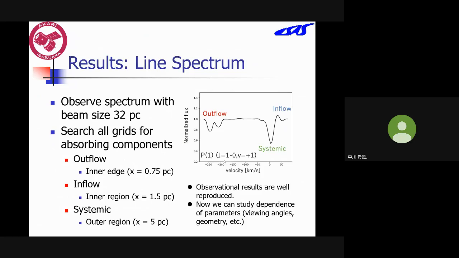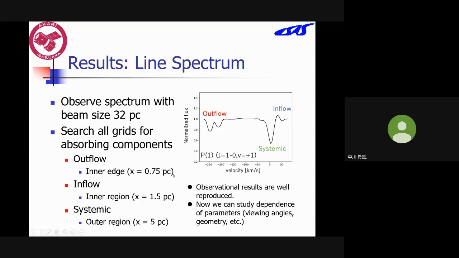Another point is that we can observe the spectrum, including the systemic component and also outflow and inflow, and we seem to be able to reproduce it. All the line ratios could be different from the real observations, but we do have the inflow component and also the outflow component as a function of distance from the center of the star.